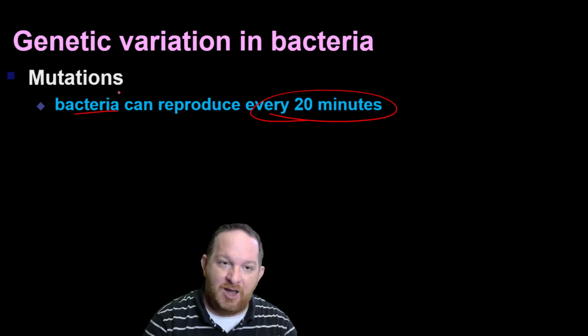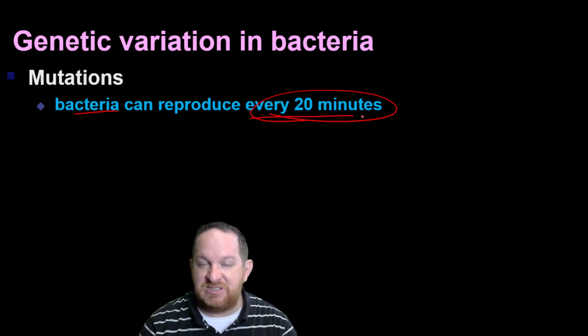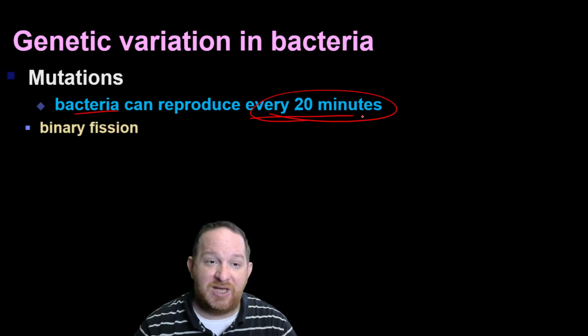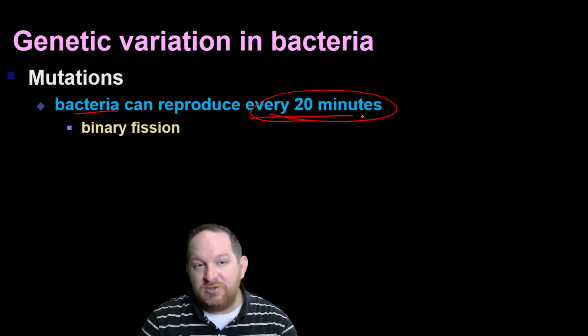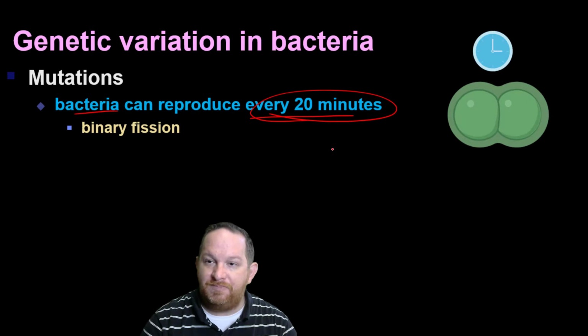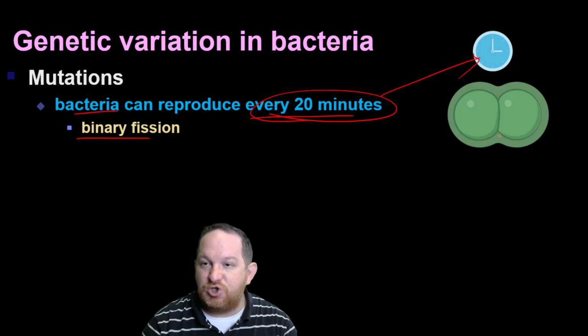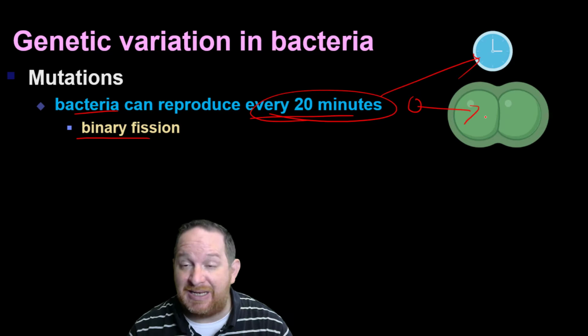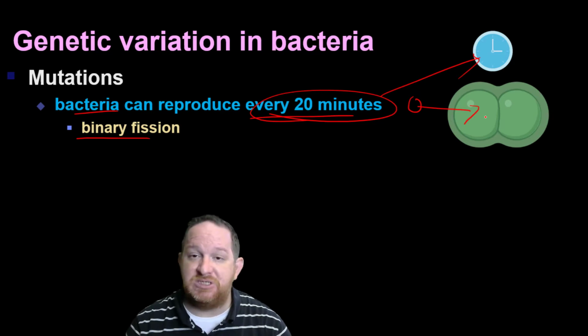Because bacteria are reproducing so fast, they show a lot more genetic variation. So how do bacteria reproduce? Well, it's pretty quick, every 20 minutes, and they undergo what we call binary fission. So basically, one cell becomes two. They basically just split in half. It's very similar to mitosis.